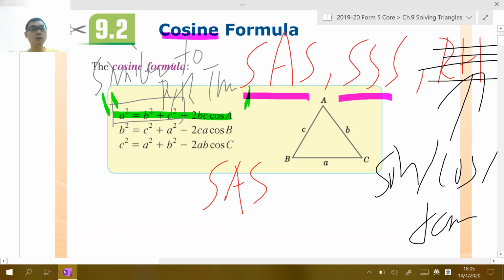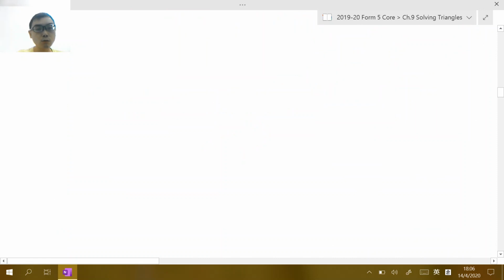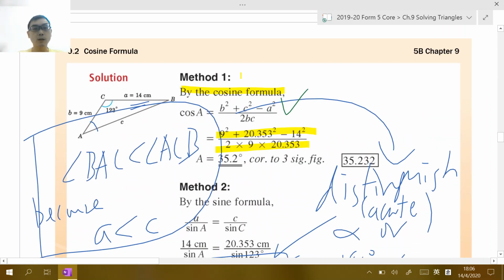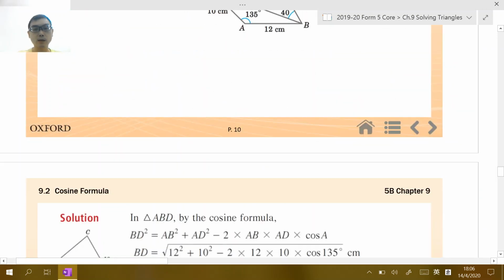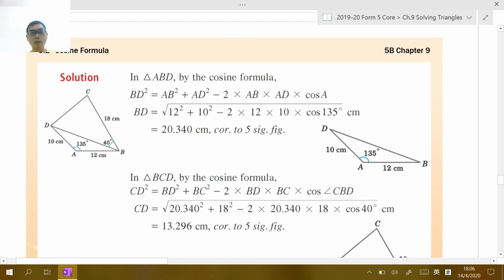But when you use it, you see that the cosine formula is actually very convenient. So do remember that I strongly suggest, as reminded in the book, using method 1, the cosine formula, to solve everything. Even though you can use the sine formula, and sometimes it may be faster. So this is the way to use the cosine formula. Actually you can see all the problems here are just like this.